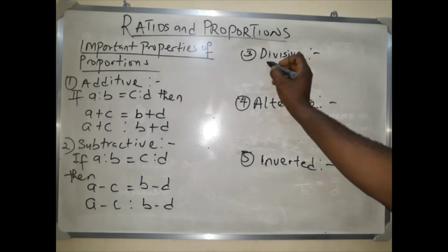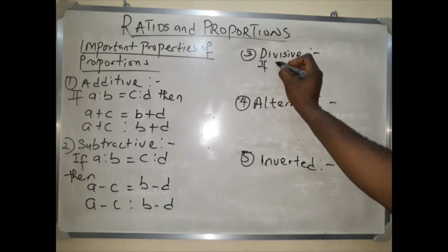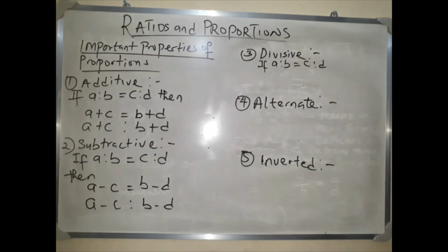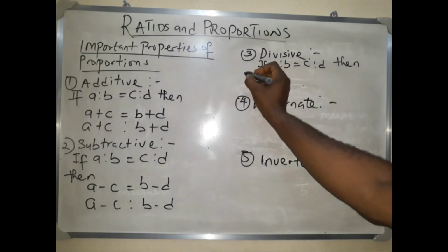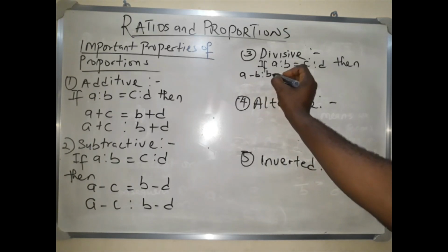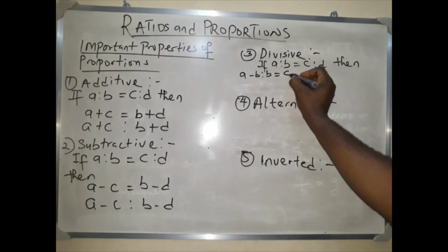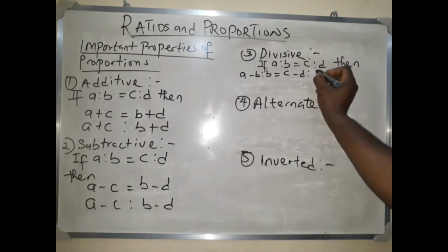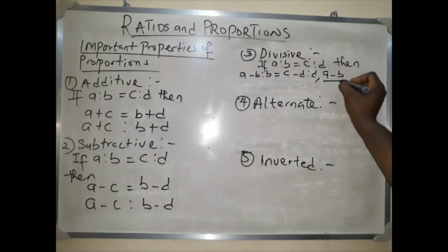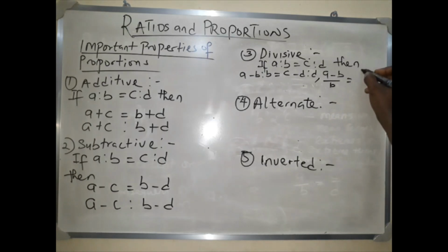The divisive property says that if you have two ratios in which A ratio B is equal to C ratio D, then you can have something that looks like this, and that is A minus B ratio B is equal to C minus D ratio D, which can give you something like this, which is A minus B all over B, which is equal to what? C minus D all over D.